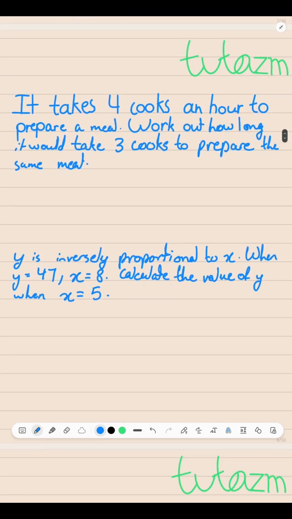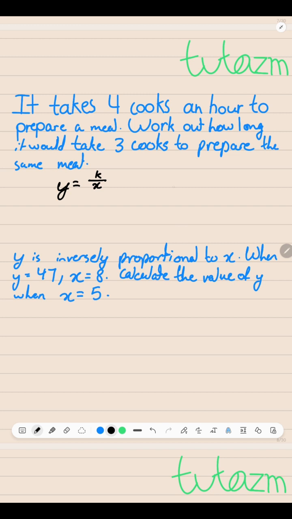So, the first question says, it takes 4 cooks an hour to prepare a meal. Work out how long it would take 3 cooks to prepare the same meal. So, again, we're going to use our equation here. So y is equal to k over x. And let's say the number of cooks is y and the time is x.